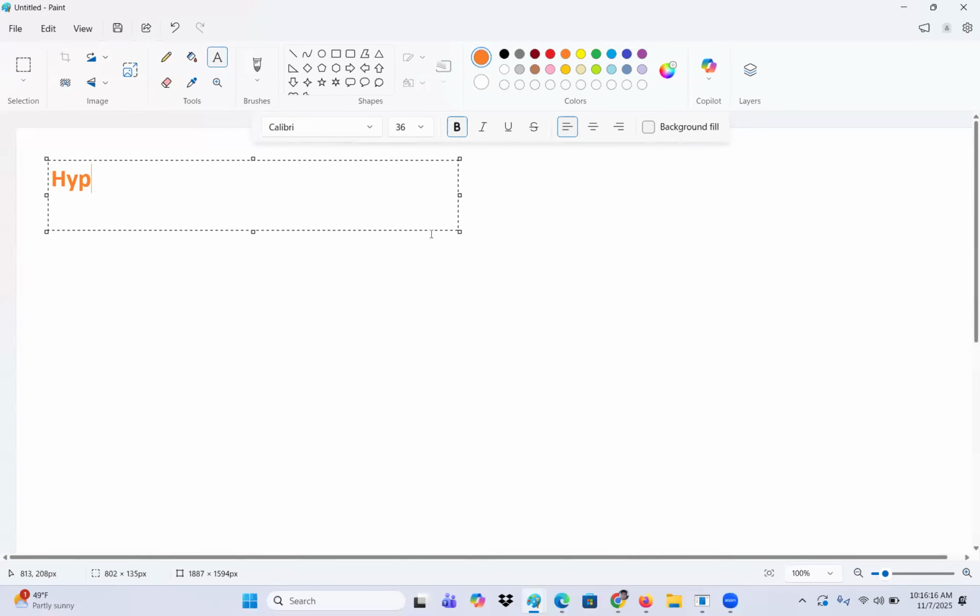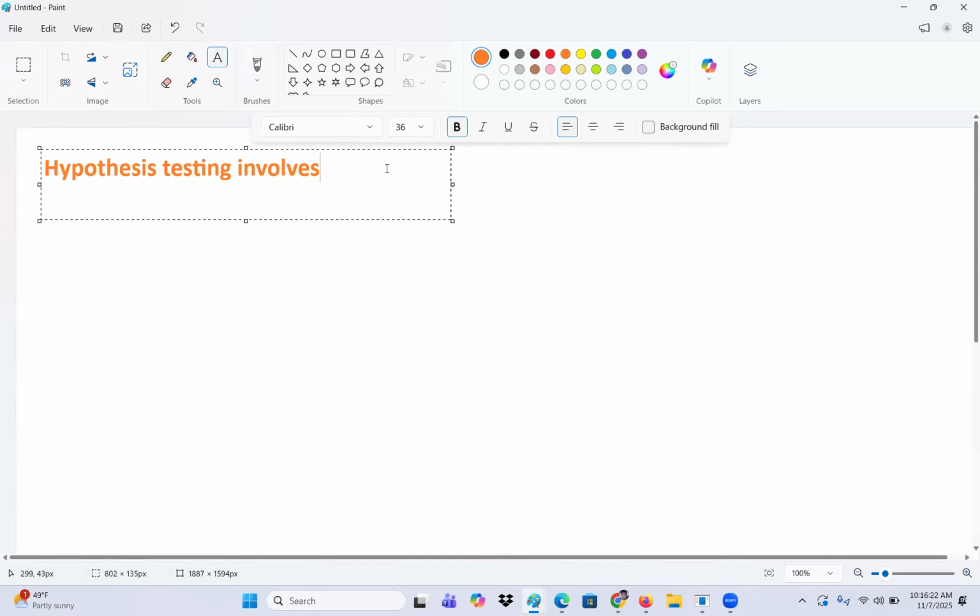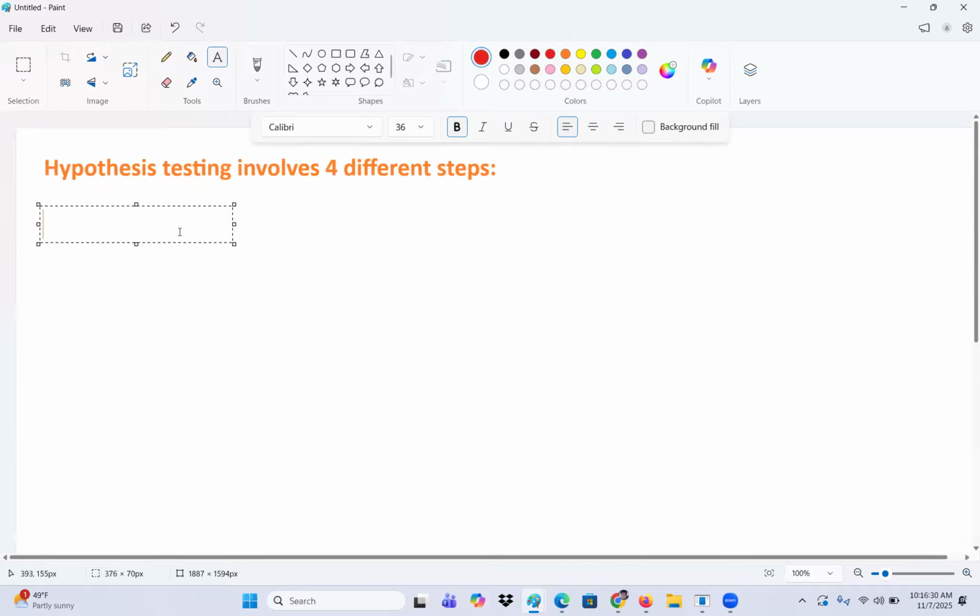Hypothesis testing involves four different steps, like separate steps. The first one, you need to set up the hypothesis. There will be two hypotheses that we're going to deal with.